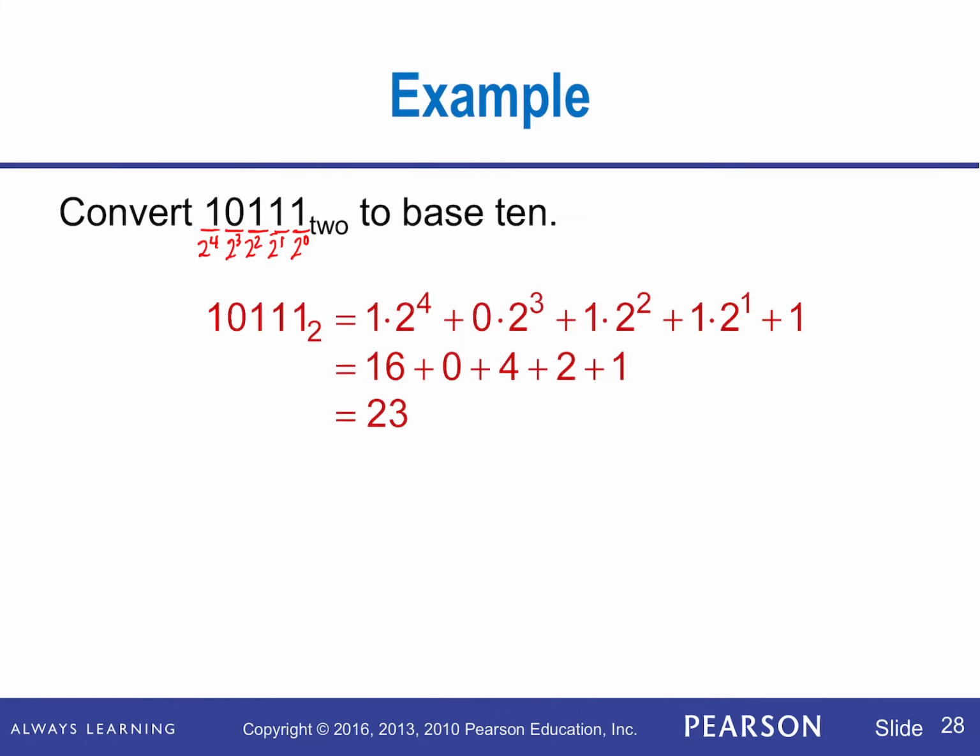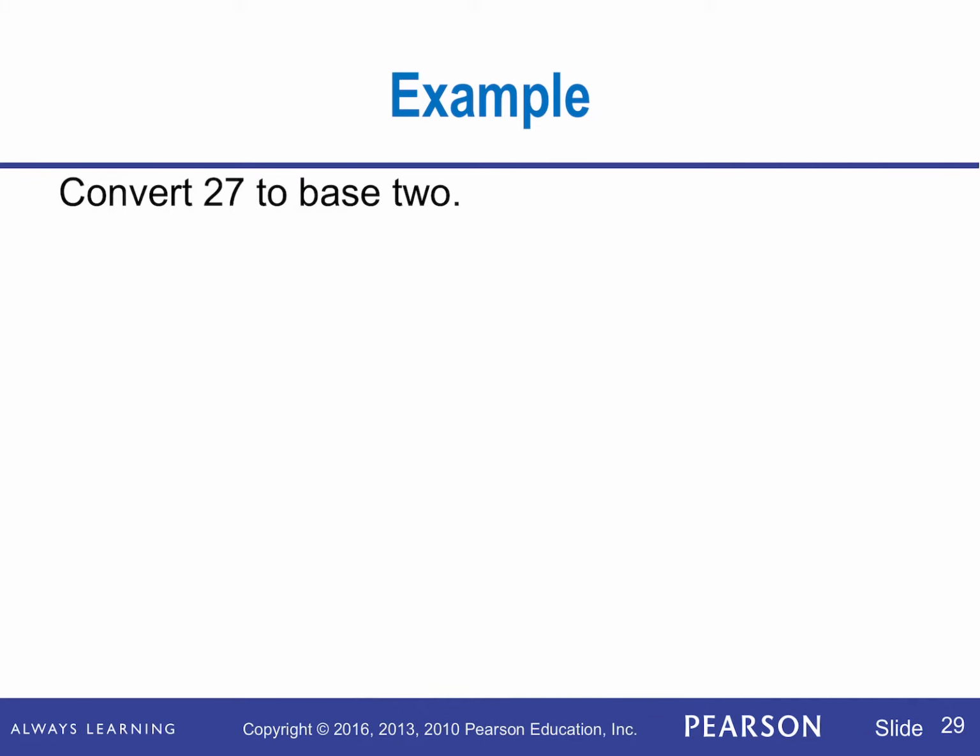So this is telling me I have 1 2 to the fourth, 0 2 cubes, 1 2 squared, 1 2 to the first, and 1 2 to the 0, or 1 1. And so I've written this out. I'm going to add up those numbers, and I get 23. So that's how we're going to convert if we start with some base, converting it to base 10.